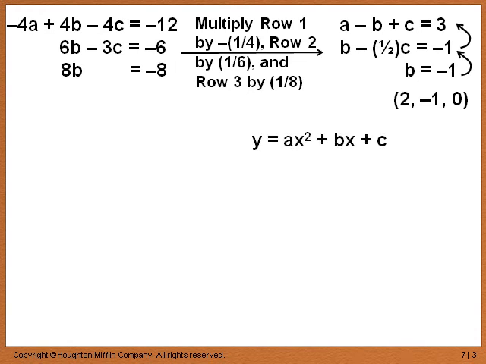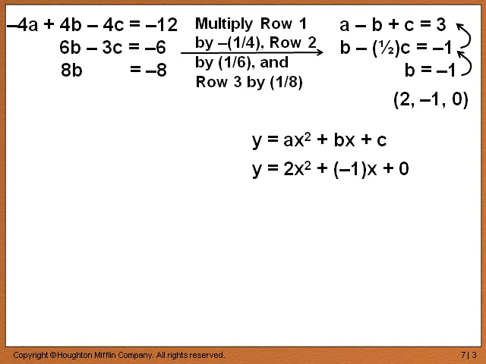All right, now let's answer the original question. We want to know the curve that passes through the 3 points that were given on the last screen. And that curve, that quadratic equation, has this form: y equals ax squared plus bx plus c. Well, we found a, b, and c using Gaussian elimination on our multivariable linear system.